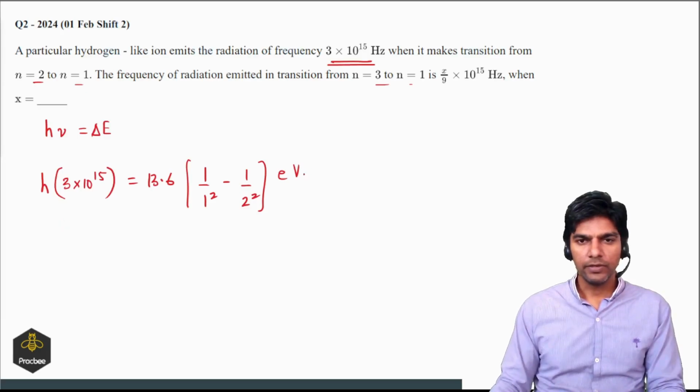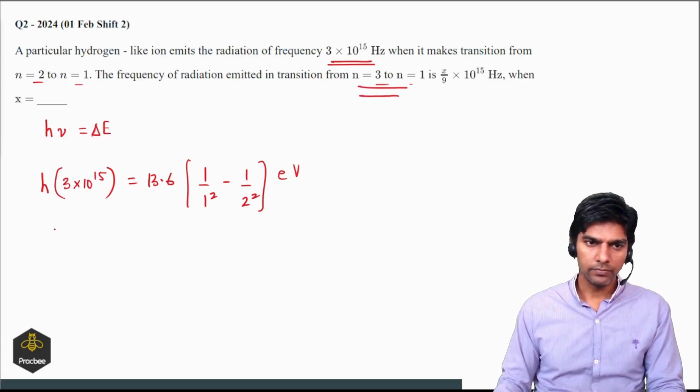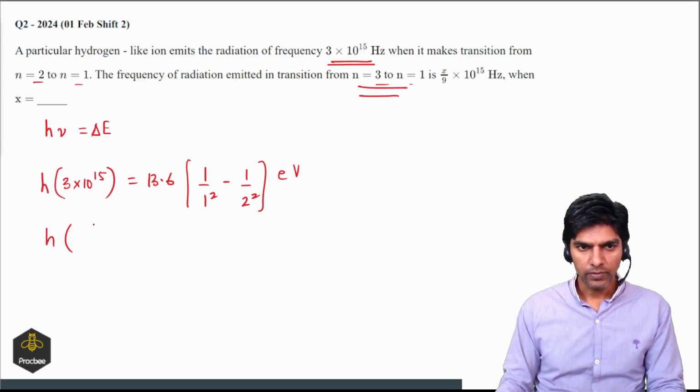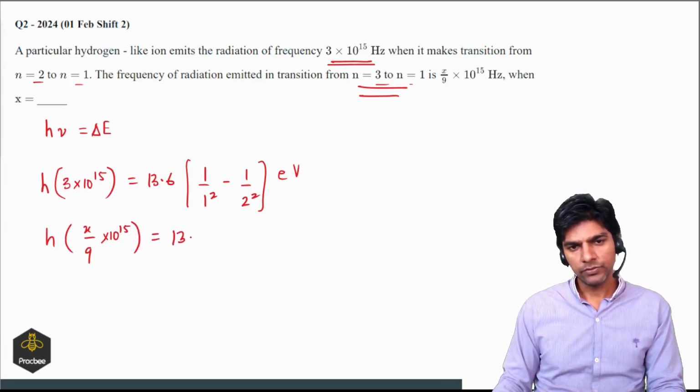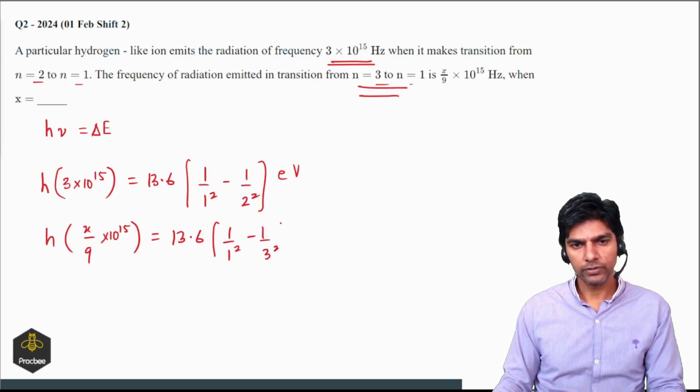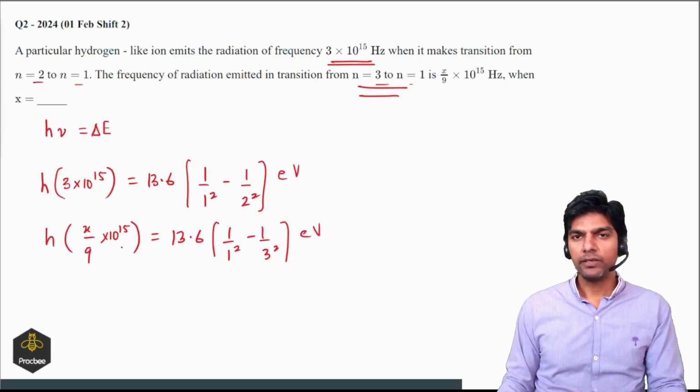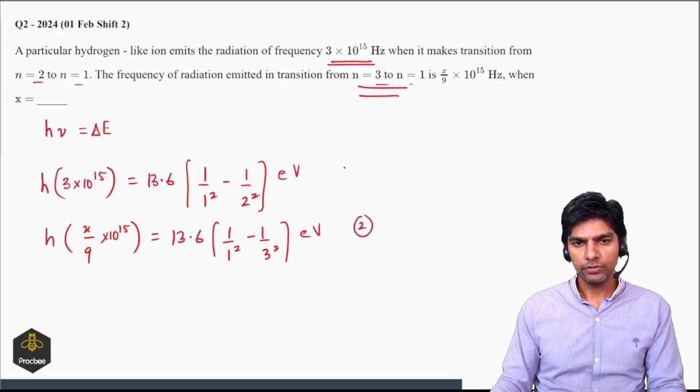Similarly, we can apply the same equation for the second transition. So h times x by 9 into 10 raised to the power 15 hertz equals 13.6 times 1 by 1 square minus 1 by 3 square. Now we can take the ratios. Let me call this the second equation and this the first equation.